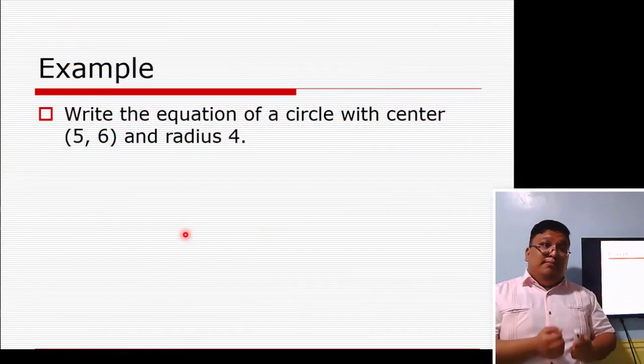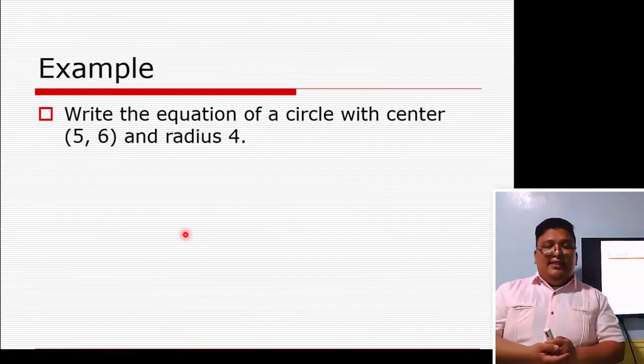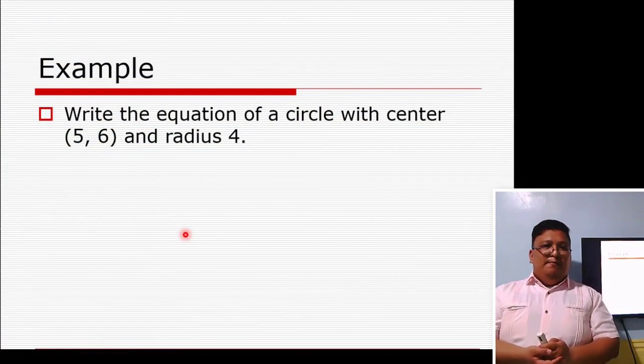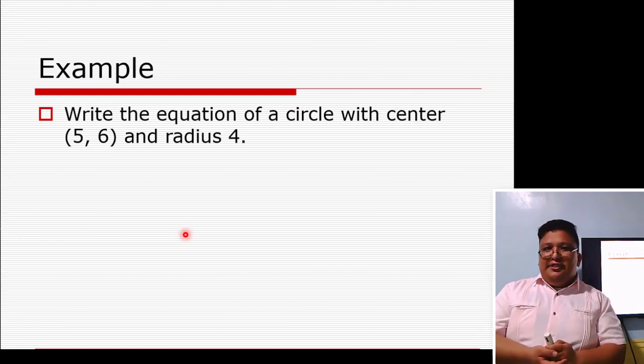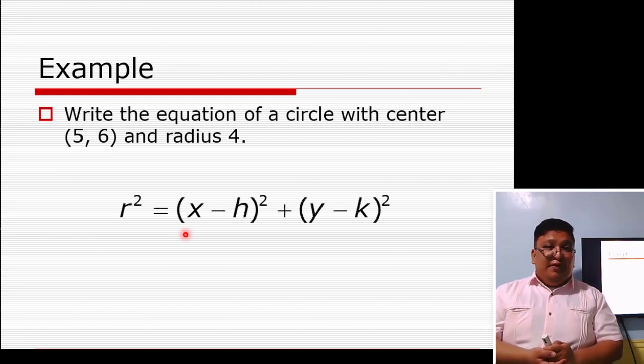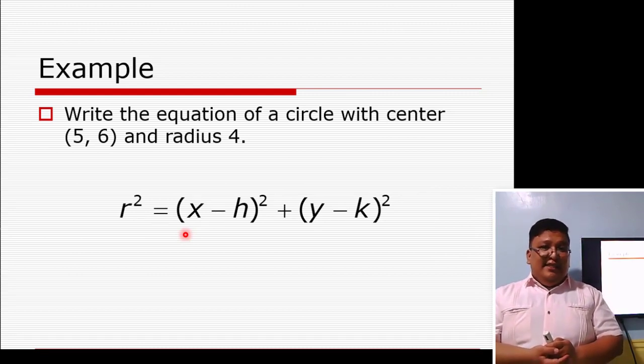How about this problem? Write the equation of a circle with center (5, 6) and radius 4. What are we going to do first? Of course, we need to write the circle equation first.